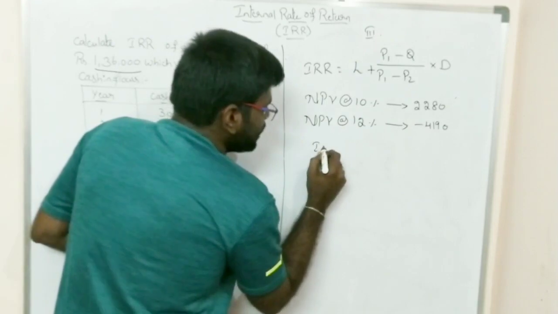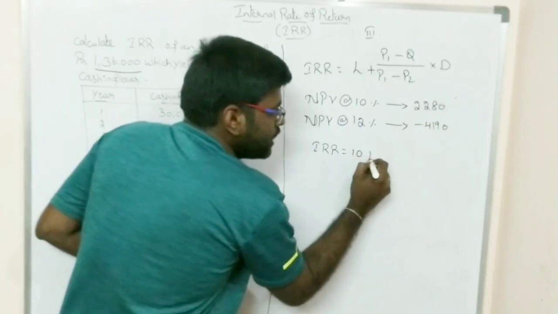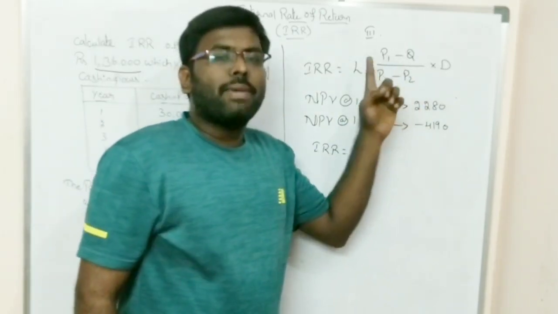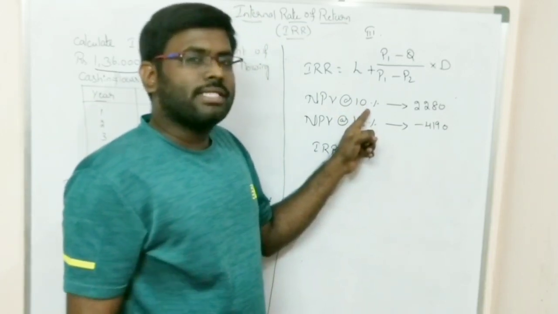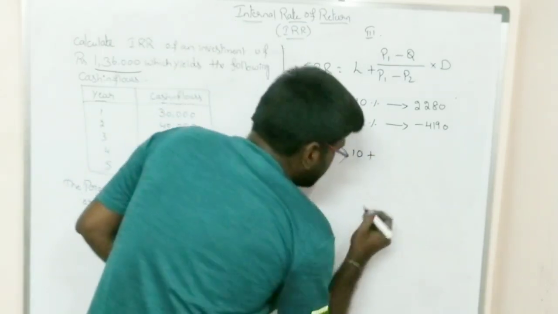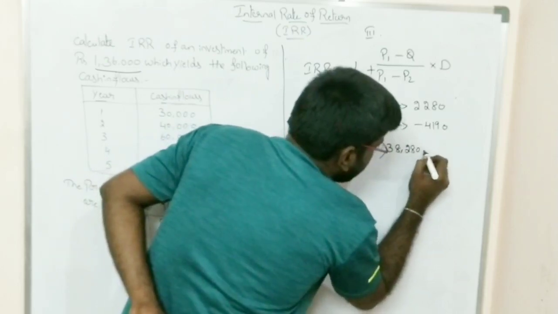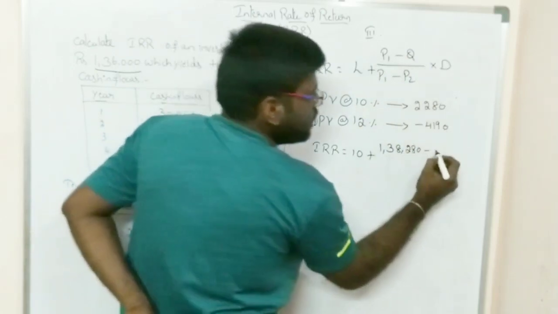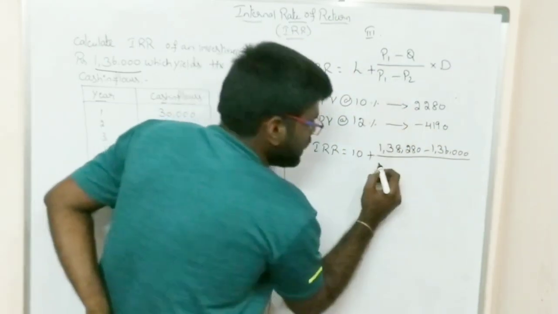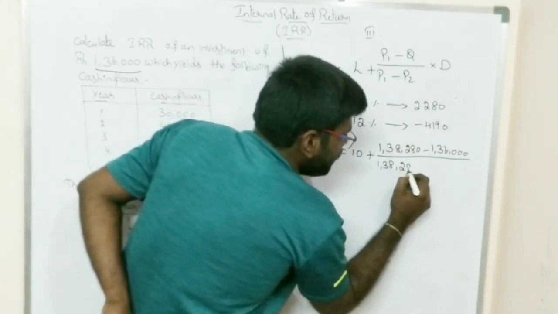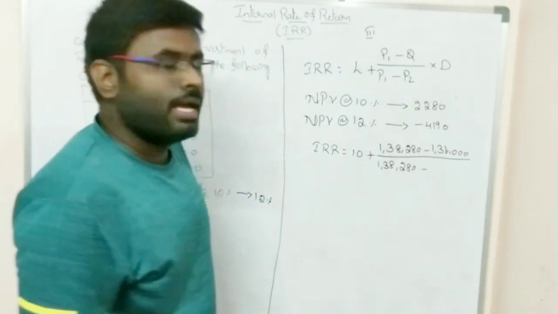IRR is equal to L, the lower rate, which is 10%, plus P1, the present value of cash inflows at the lower rate. At 10% the present value of cash inflows is 1,38,280, minus Q, the initial investment, 1,36,000, divided by P1 again, 1,38,280, minus P2, the present value of cash inflows at the second, higher rate.